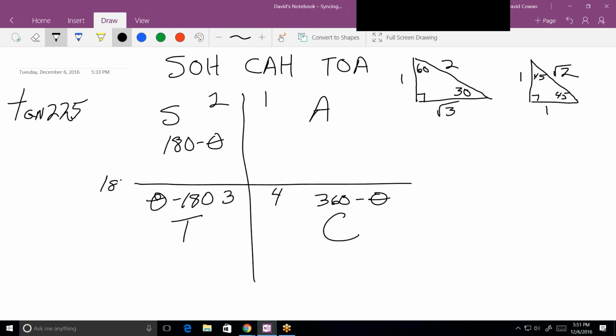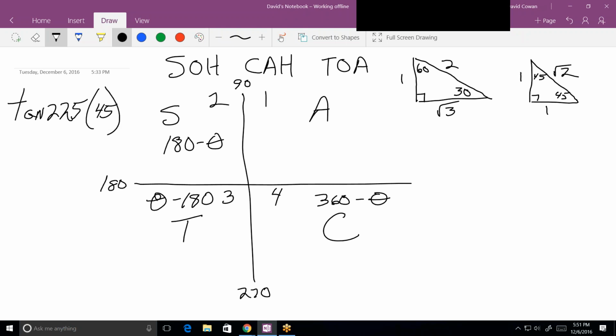Okay, because that's 180, that's 90, and that's 270. So it's third quadrant. Which formula do I use to convert it to an equivalent first quadrant angle? Subtract 180 from it. So what do you get? 45. So it's the equivalent of a 45-degree angle.